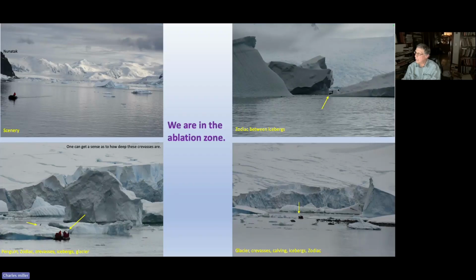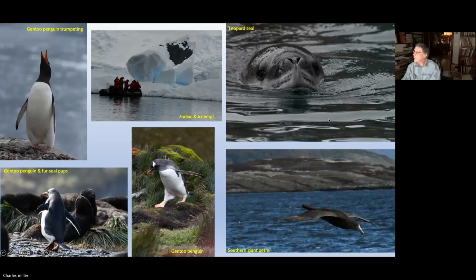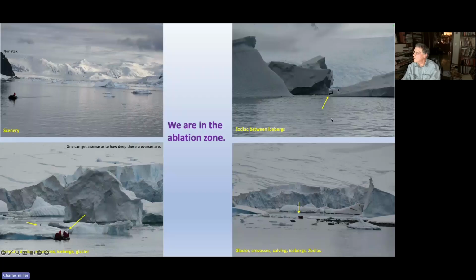And so in these images, I have several arrows. And here's one of our guides in a zodiac. Here's a penguin, and then a bunch of us in a zodiac, and then another zodiac. You could use any of those as an object of scale, and you could estimate then how high an iceberg is above the waterline.